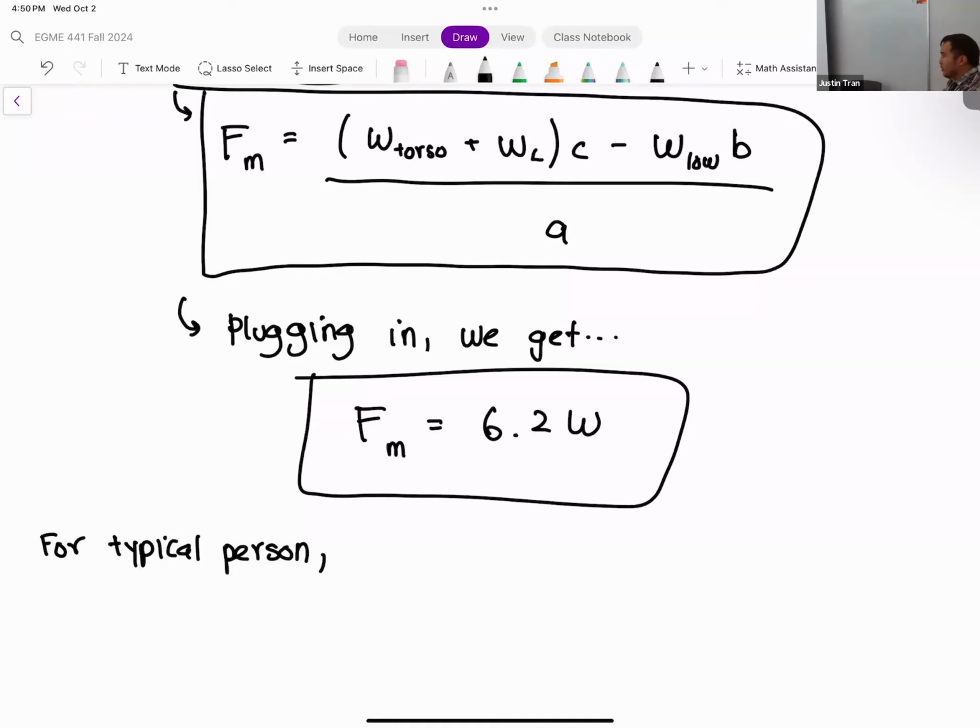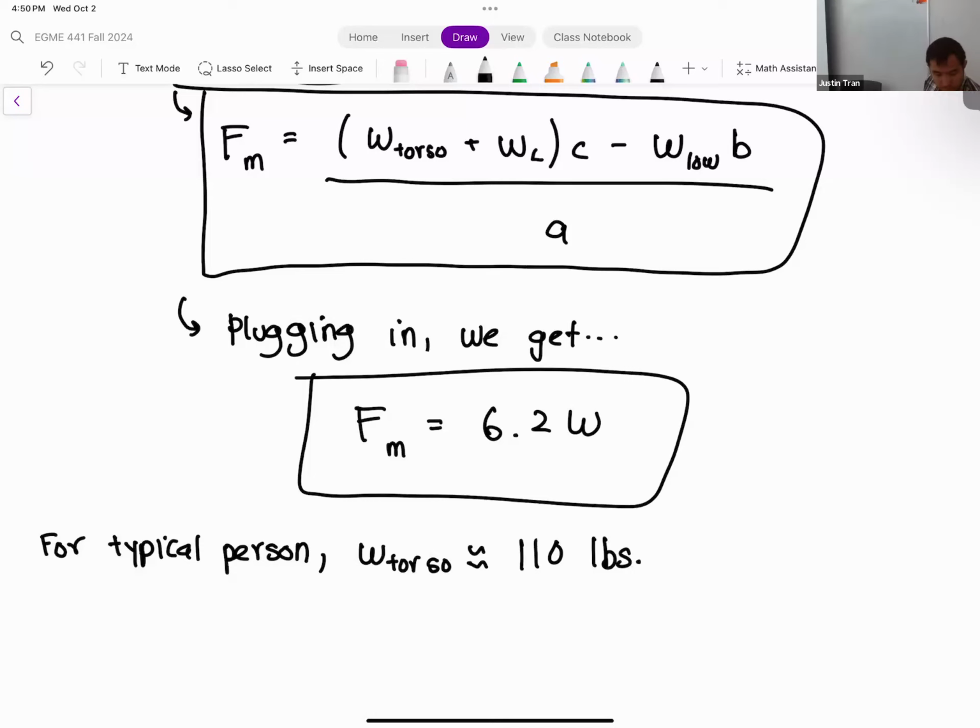a typical person, about 2/3 of their weight is centered on their torso. Okay. So for someone with a total weight of around 160 pounds, their torso weight is usually around 100 to 110 pounds. Okay, so let's say 110.